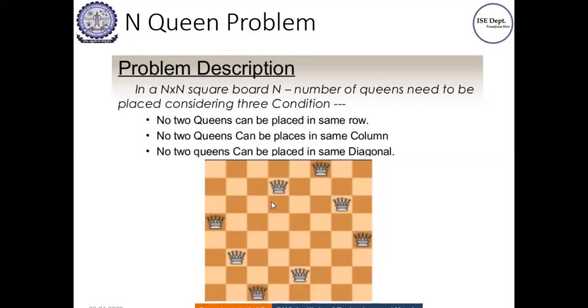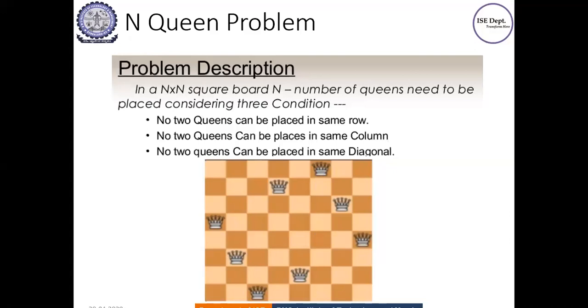Given any n cross n chessboard, you need to place all n queens. If it is 8 cross 8, how many queens will be given? 8 queens will be given. So that is the condition here. For any n cross n chessboard, given n queens, you need to place the n queens in such a way that no two queens attack each other.